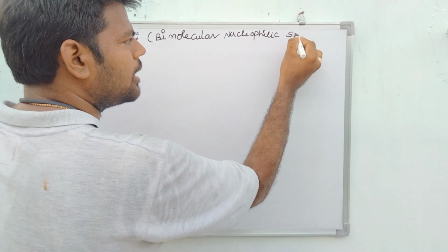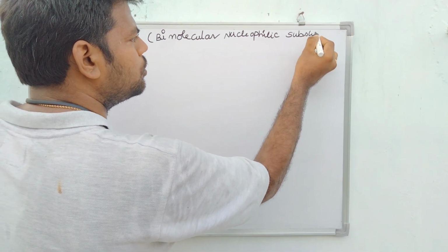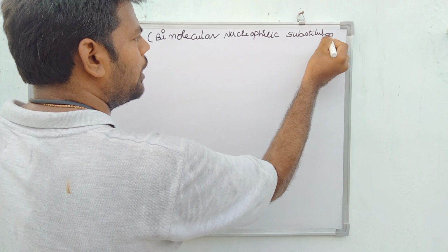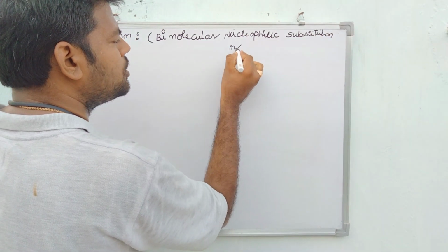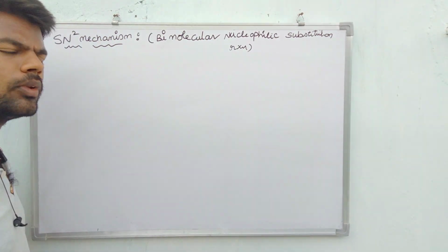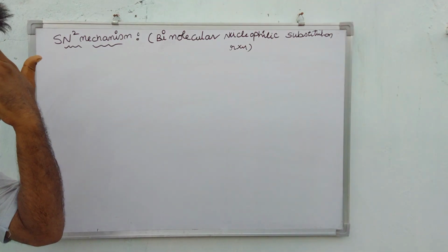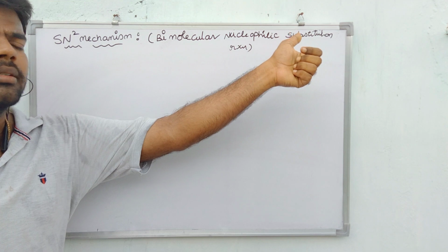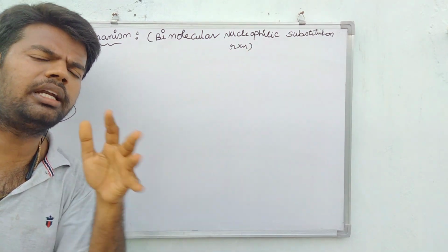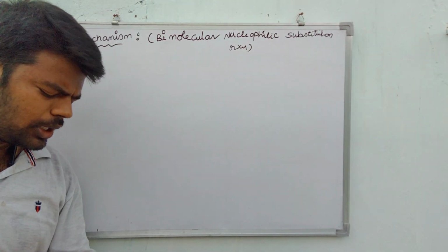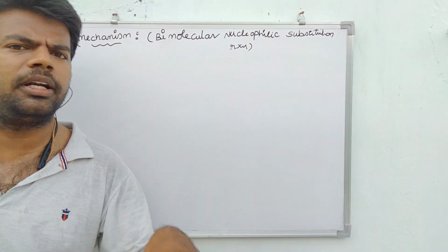S represents substitution reaction. The full form of the SN2 mechanism is bimolecular nucleophilic substitution reaction. How does the SN2 mechanism take place?